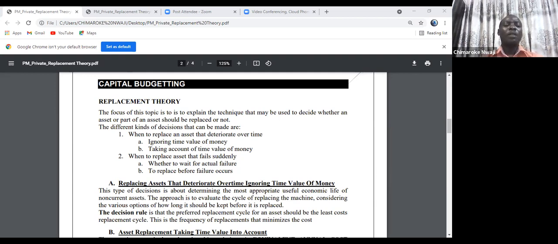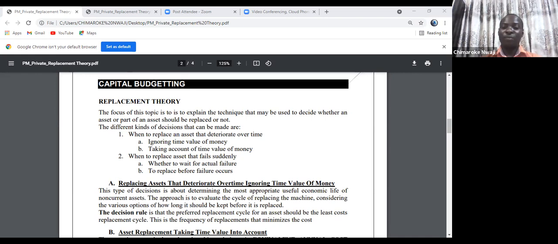Now, replacing assets that deteriorate over time, ignoring time value of money. This type of decision is about determining the most appropriate, useful economic life of a non-current asset. The approach is to evaluate the cycle of replacing the machine, considering the various options of how long it should be kept before it is replaced.